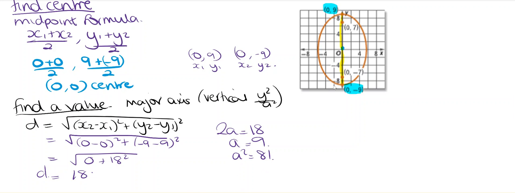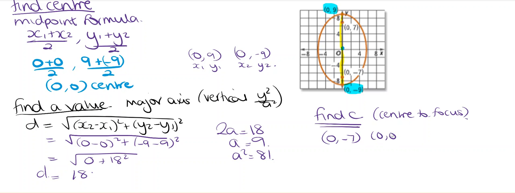Now we've got our foci, so we're going to find C. We need to find our C value, which is from the centre to the focus. If we take this point here to this point here, which is 0, 7, we've got 0, 7 and 0, 0.